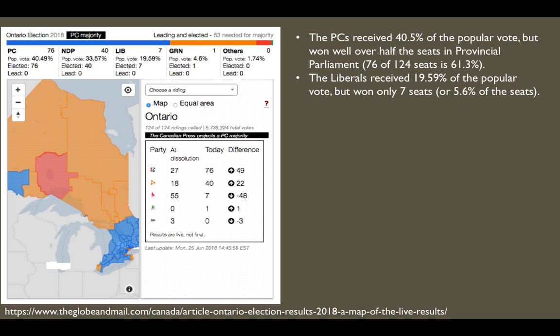By comparison, the Liberals received almost 20% of the popular vote, but look at the number of seats. They won 7 seats, and that translates into 5.6% of the seats. And this is where students will look and say, that's not fair. And as soon as they've said that, then they're engaged. They want to do something. They want to change it.